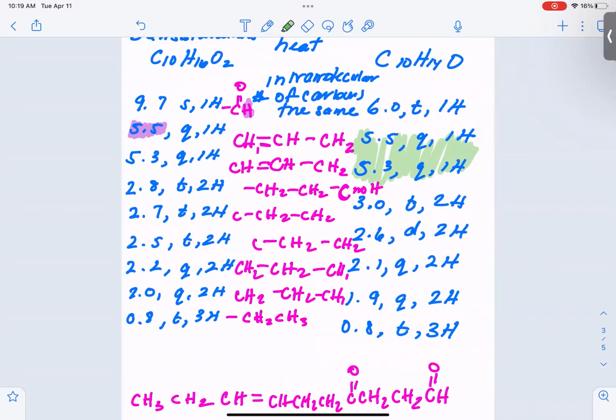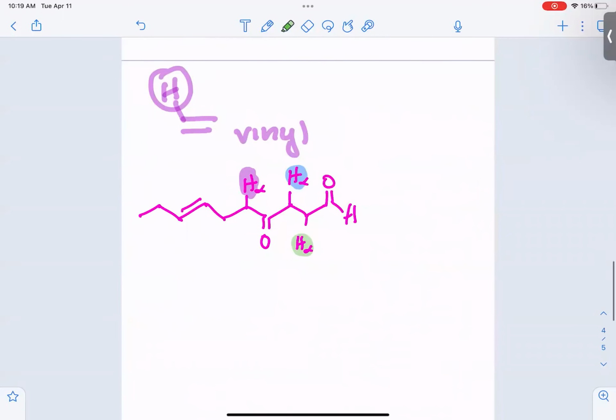What don't we have anymore in the product NMR? The aldehyde hydrogen. Okay, so there's no aldehyde hydrogen anymore. So what that most likely meant was that was the carbon that got attacked.